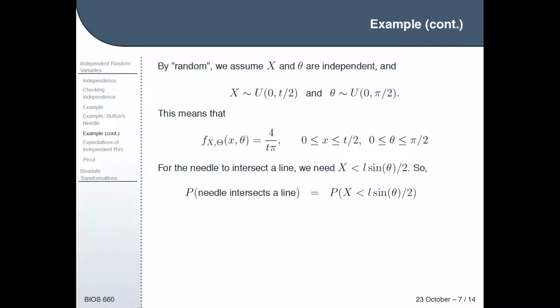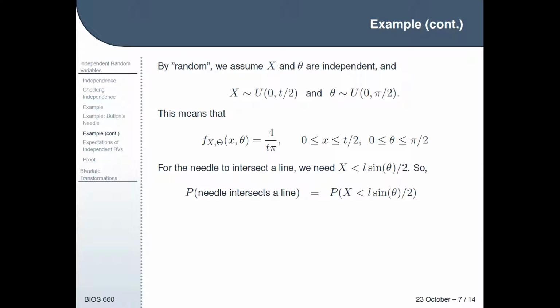So if you remember your trigonometry, the height of this piece here, sine is defined to be opposite divided by hypotenuse. We know the hypotenuse is L over 2 here, so this height here is going to be L over 2 times sine of theta.